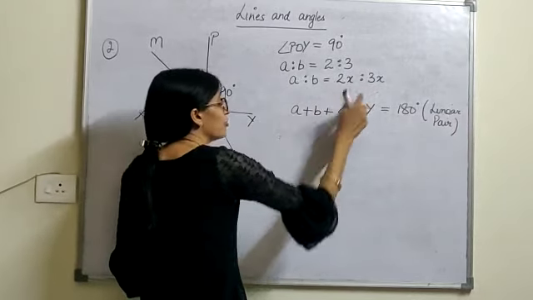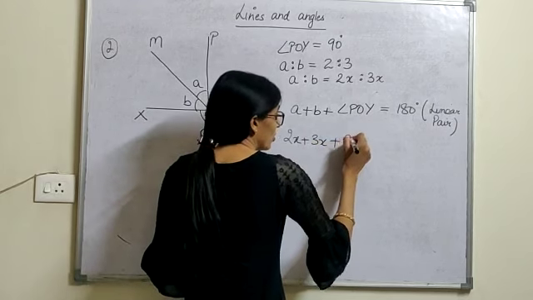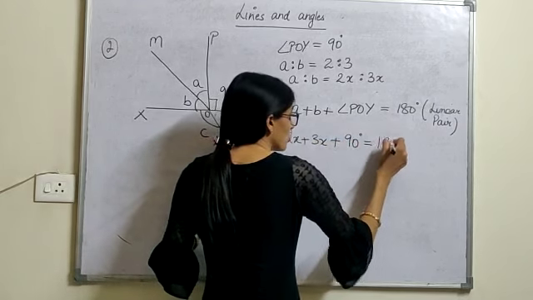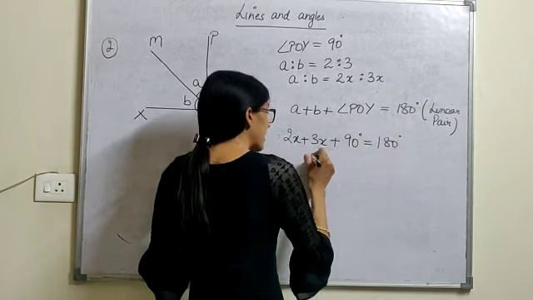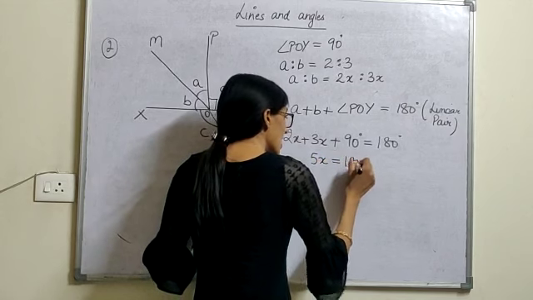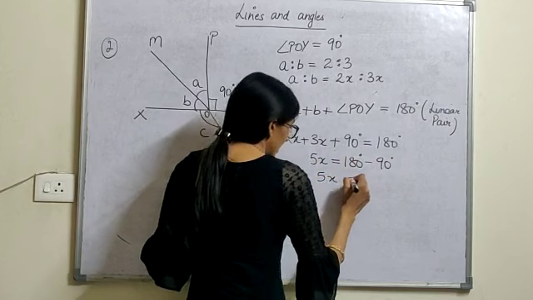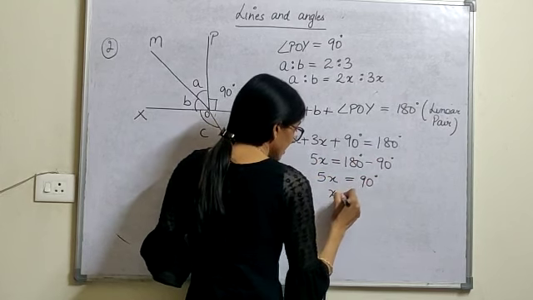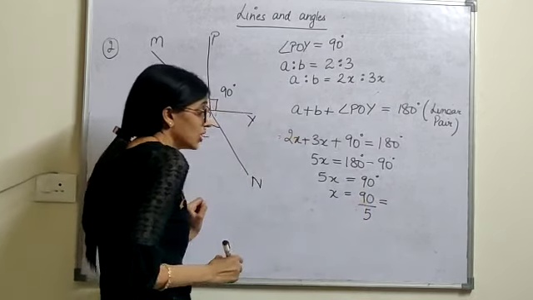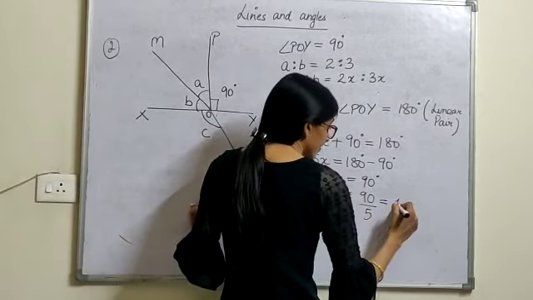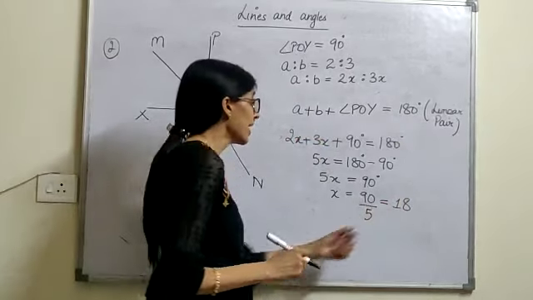Now, A and B are 2x, 3x. Put the value: 2x plus 3x plus angle POY, which is 90 degrees, equals 180 degrees. This plus 90 goes from the left-hand side to the right-hand side and becomes minus 90. So 5x comes out to be 90 degrees. x comes out to be 90 divided by 5. 5 ones are 5, 5 eights are 40. So x equals 18.